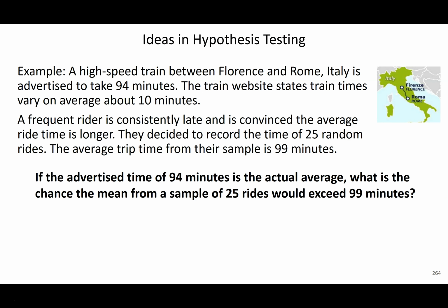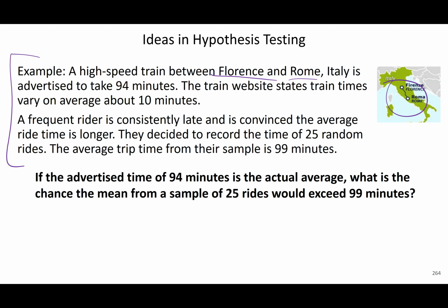So this is the example. We're pretty much going to work this example through lessons 23 through 25. We have a high-speed train in Italy, and it goes between Rome and Florence. Here's a little map. It doesn't mean a whole lot to me; I've never taken that train.